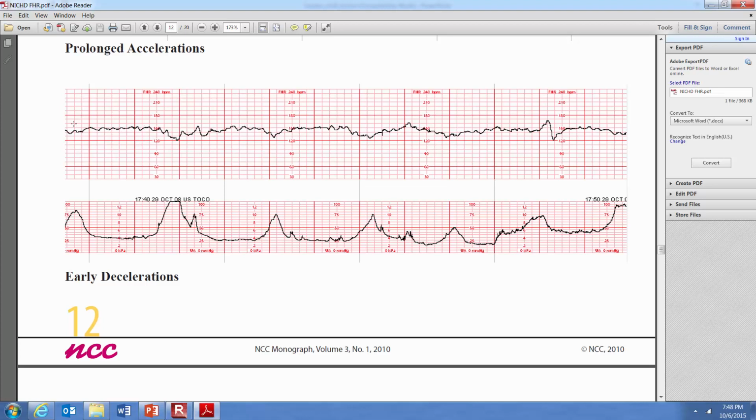So here's your baseline coming along here at 150, and then right about here, you see my cursor, it starts to drop. It comes down to here, and reluctantly it comes back up to baseline, okay? So this basically mirrors the contraction. It starts at the same time, it ends at the same time.